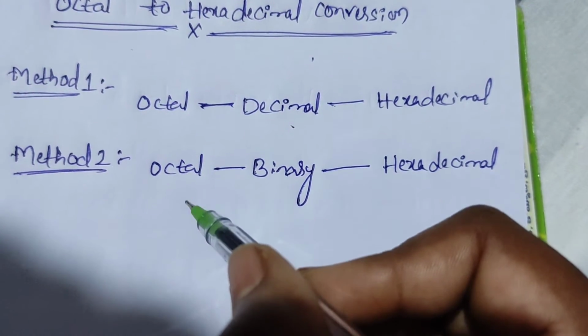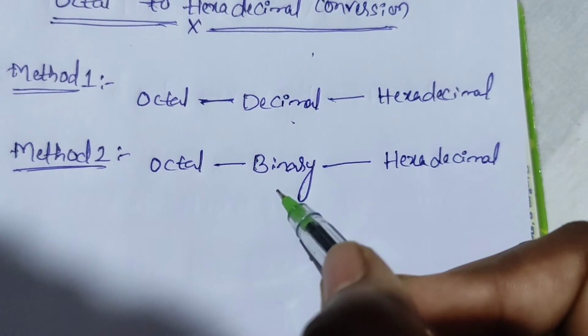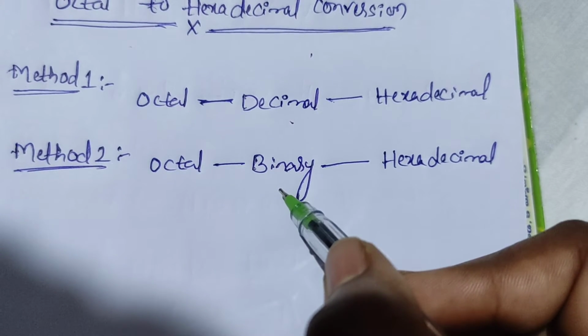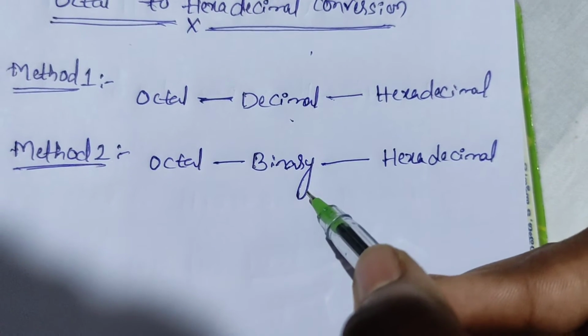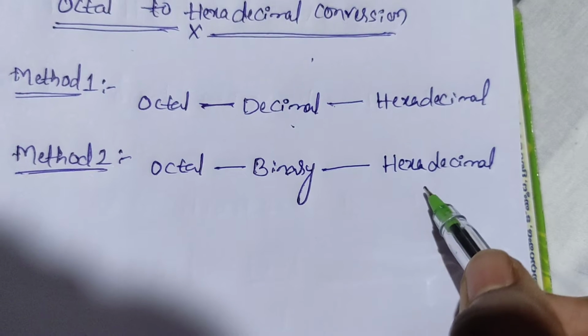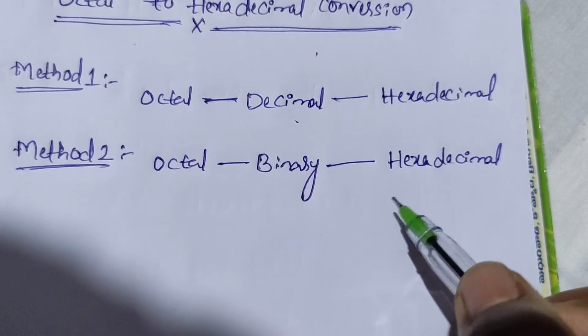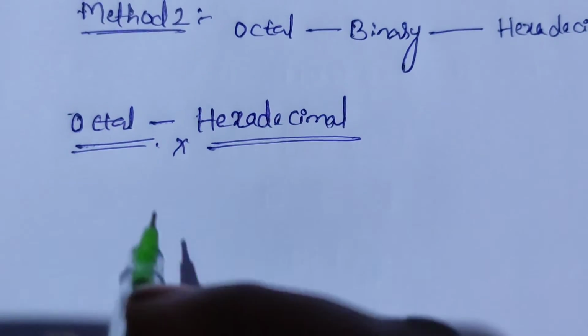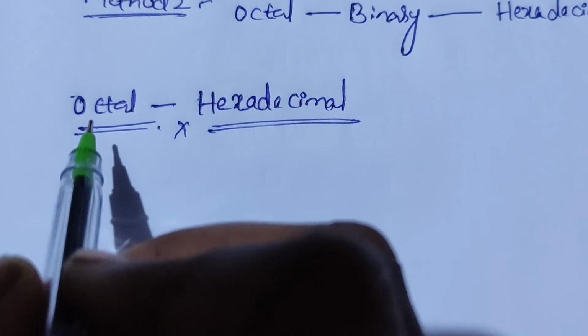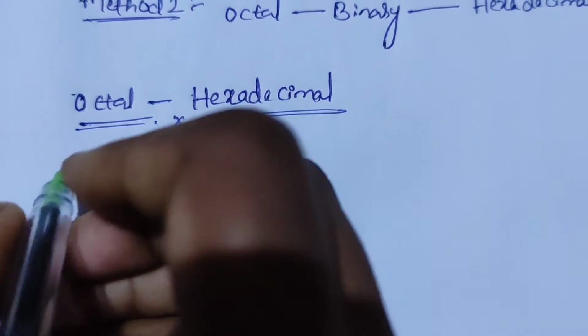We can convert octal to its binary with 3 bits and then group this binary into 4 bits, and we get the equivalent hexadecimal digit. So this is the easiest way. So we will see method 2. In method 2, conversion of octal to hexadecimal, there are 2 steps.